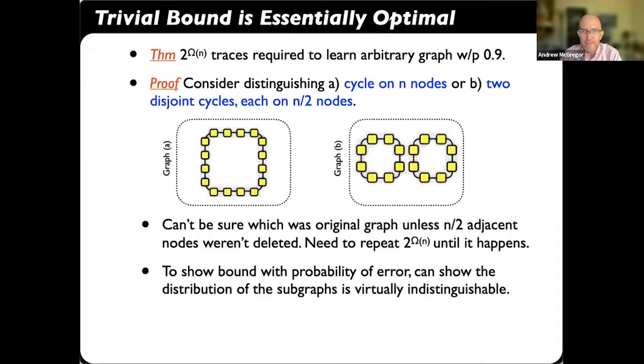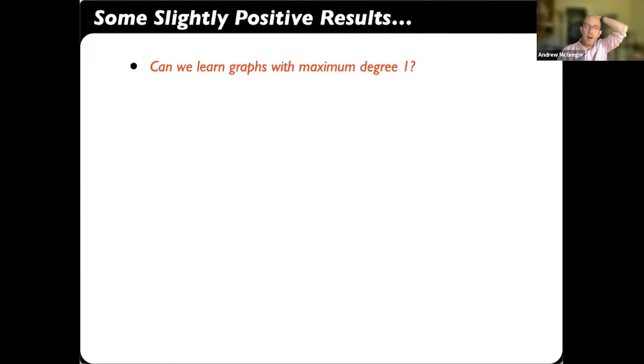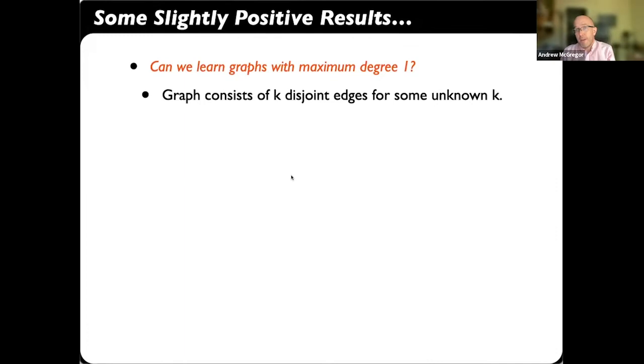As I said, there's some slightly positive results if you want to be optimistic. One of the things that's particularly nasty about this lower bound is that it's even applying to planar graphs of degree 2. If the graphs just had maximum degree 1, life would be pretty easy. What's a graph with maximum degree 1?